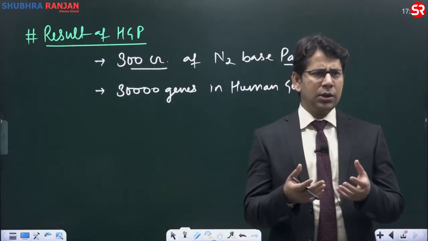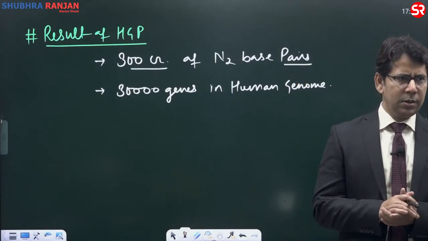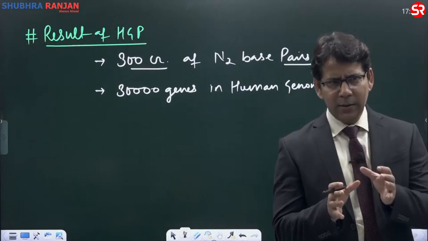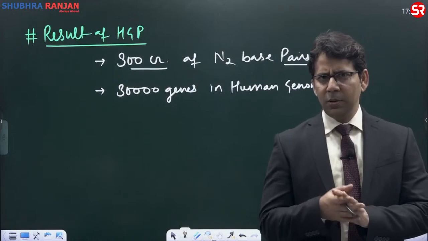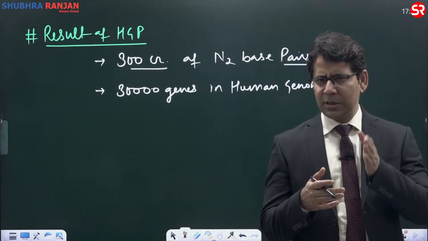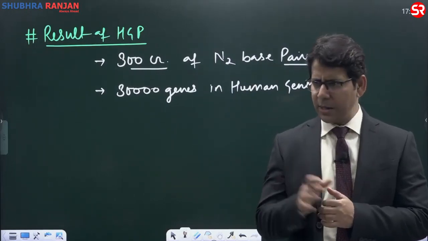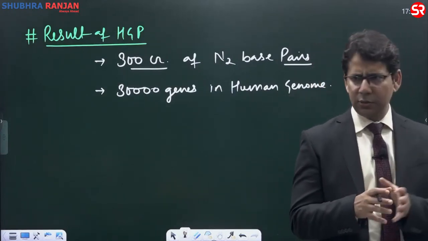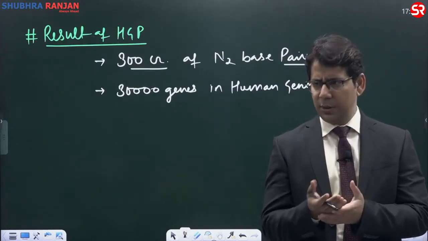But this 30,000 also came as a surprise for many scientists, because after looking at the volume of DNA, scientists had an approximation, a kind of vision, that the number of genes in one of our cells would be somewhere between 80,000 to 1,10,000. That was our anticipation. But what they got in reality was way less than expected, 30,000 only.